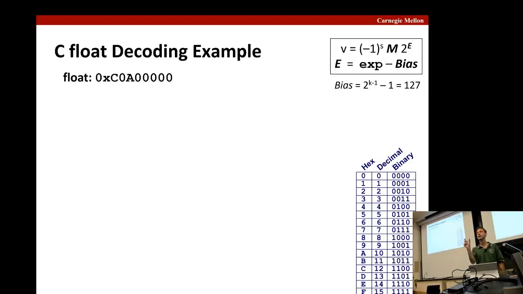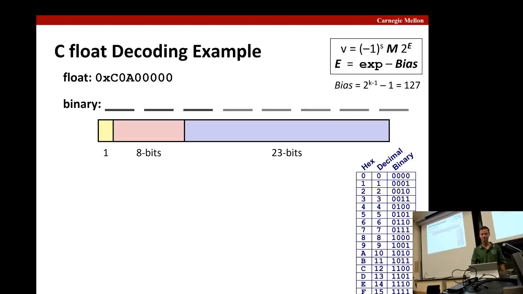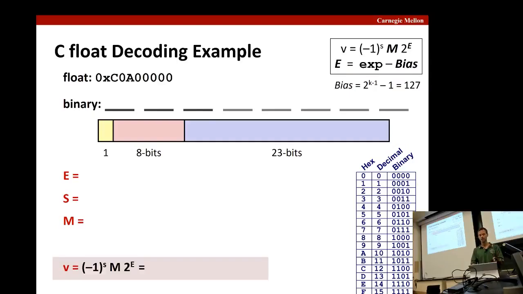Let's consider single precision, where the bias is 127. This is the division between sign, exponent and fraction, and these are the things we want to compute. Once we've computed those, we can figure out the value by plugging into our formula.